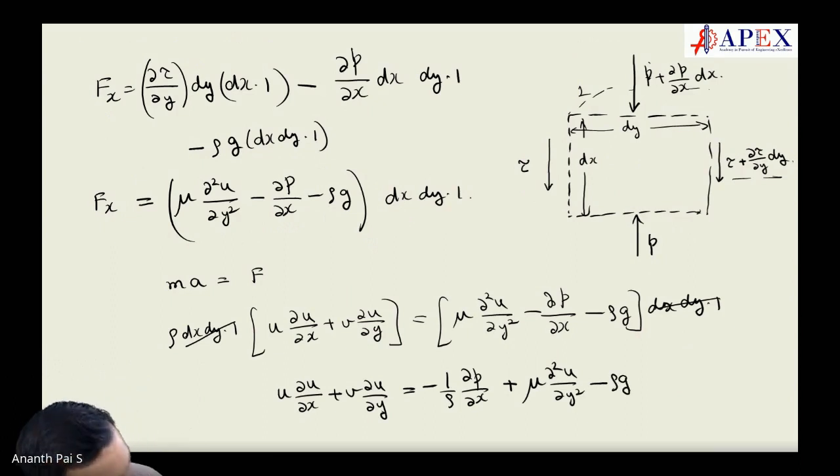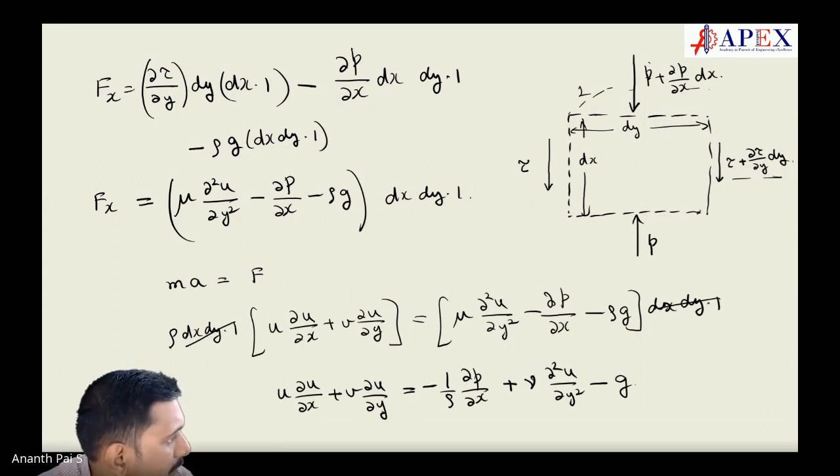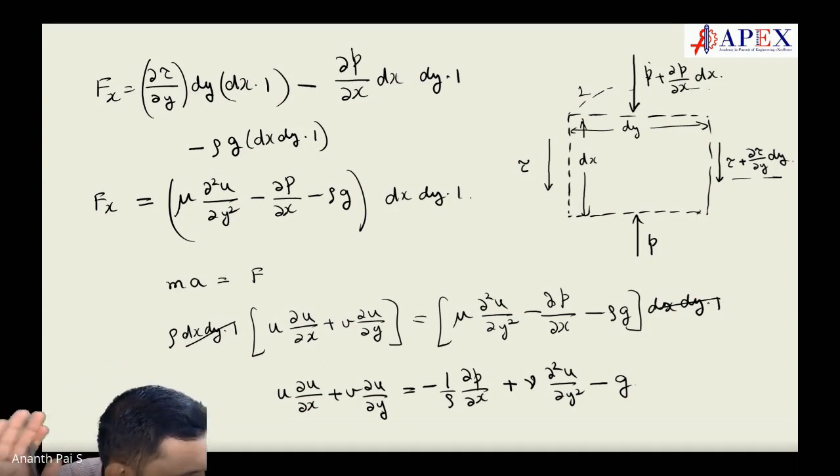Huh? Kinematics. Yes. Here rho is not. Yes, correct. I'm sorry. This is actually Prandtl's boundary layer equation, but we have derived it from first principles.